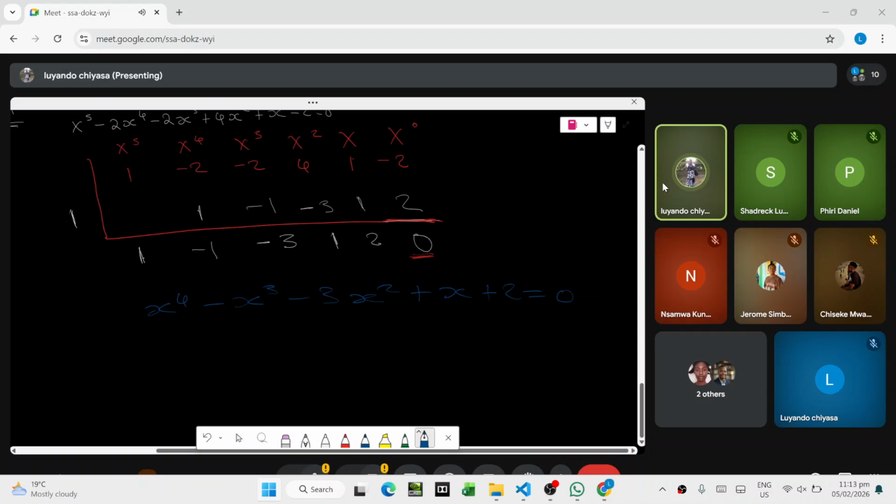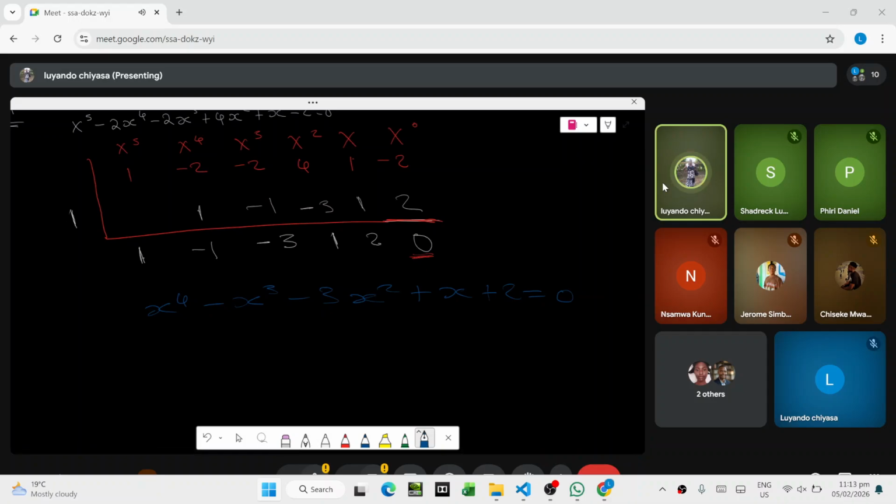So essentially what you're going to do again here, we found the second factor to be x is equal to 1 again, right?